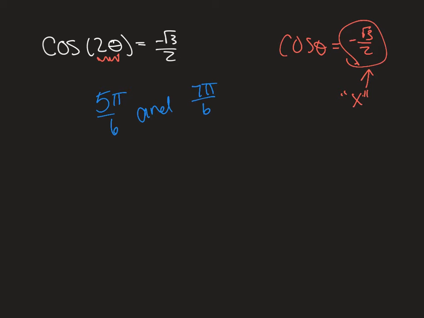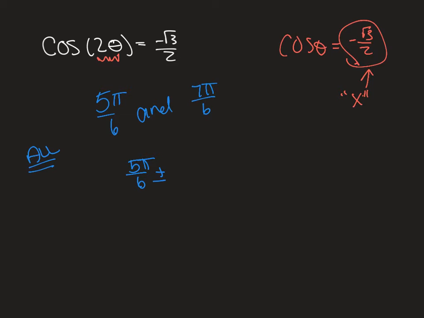Now, if I was writing this as all solutions, we would say 5 pi over 6 plus or minus 2 pi n. I write plus or minus, but most books just write plus. And remember, the reason I write plus or minus is because we go backwards.